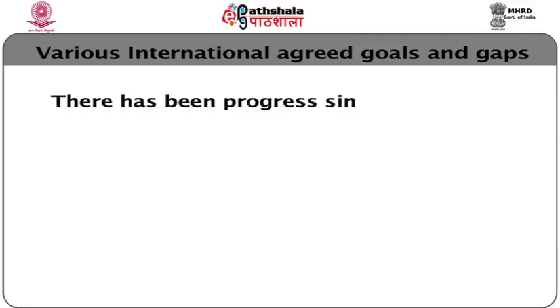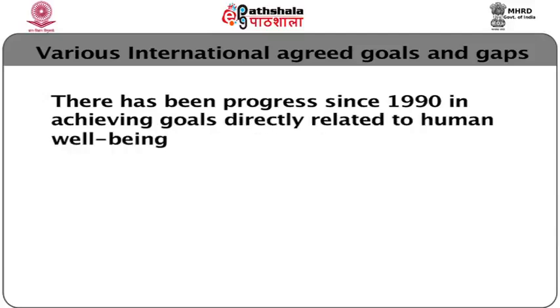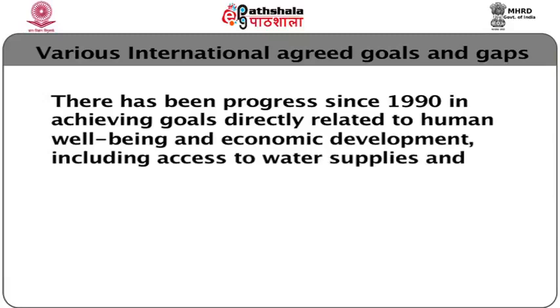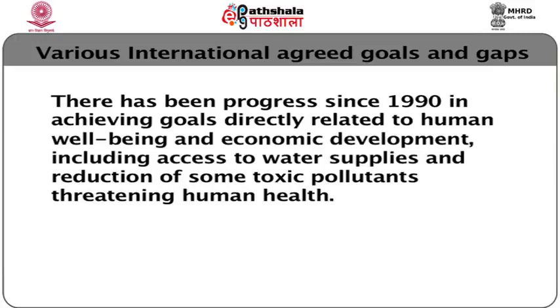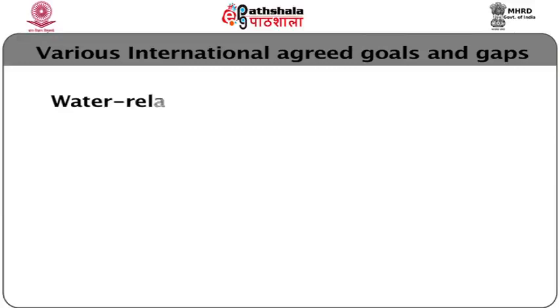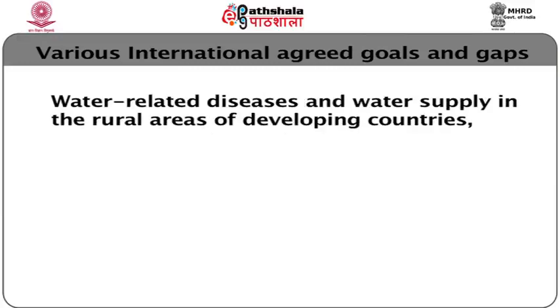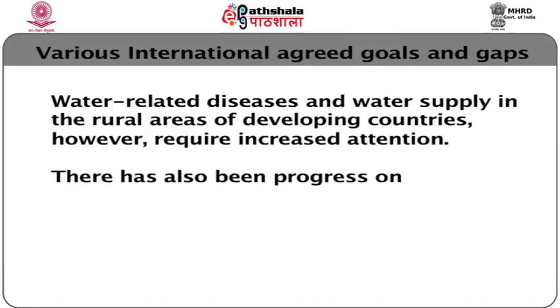There has been progress since 1990 in achieving goals directly related to human well-being and economic development, including access to water supplies and reduction of some toxic pollutants which threaten human health. Water-related diseases and water supply in the rural areas of developing countries, however, require increased attention.